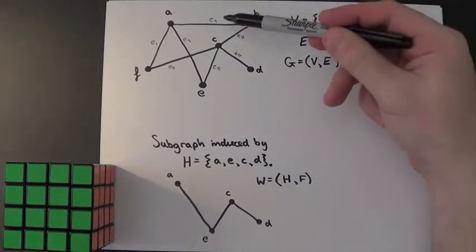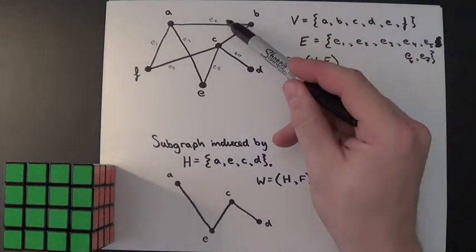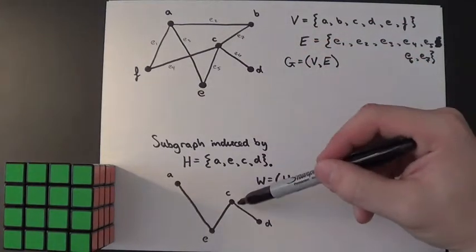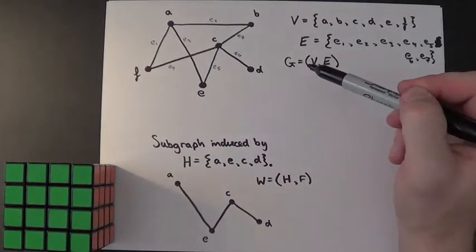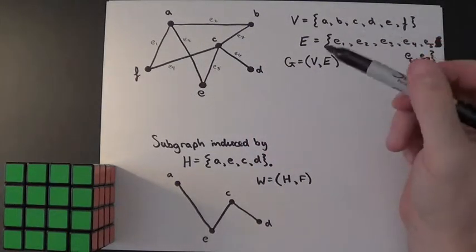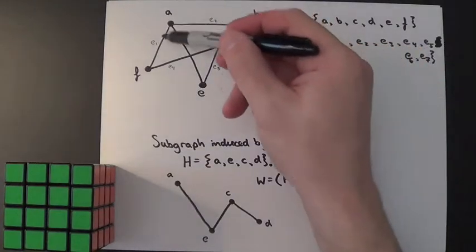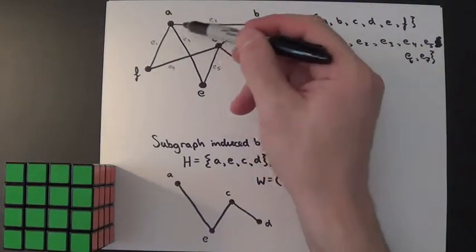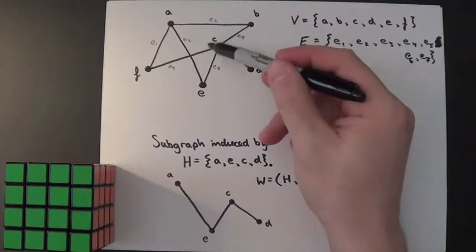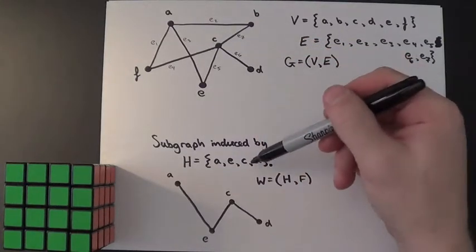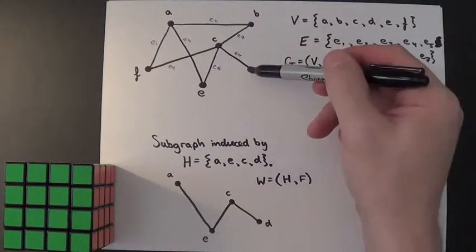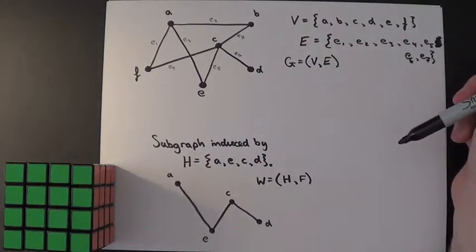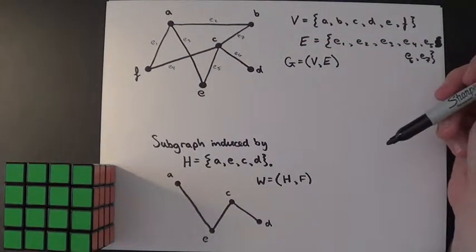In other words, you'll notice up here we have E2. E2 is not included in our subgraph because E2 is connected to B. So all you have to do is go up to your original graph, circle those letters that are in the inducing set, and then go ahead and draw in any edges that connect any of those vertices.